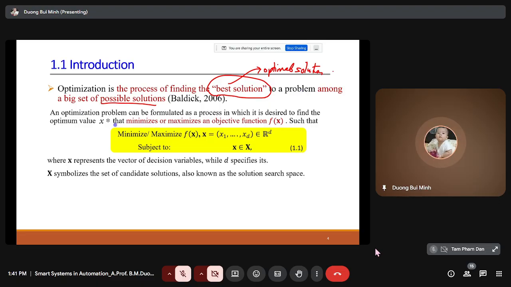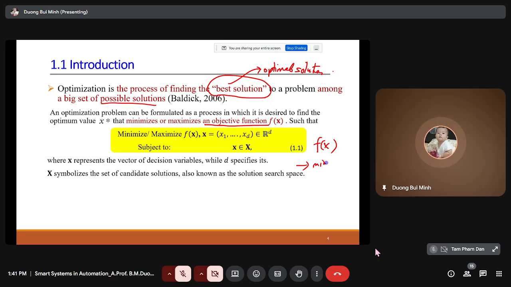And we should have the objective function like this. Any objective function, we have two cases.